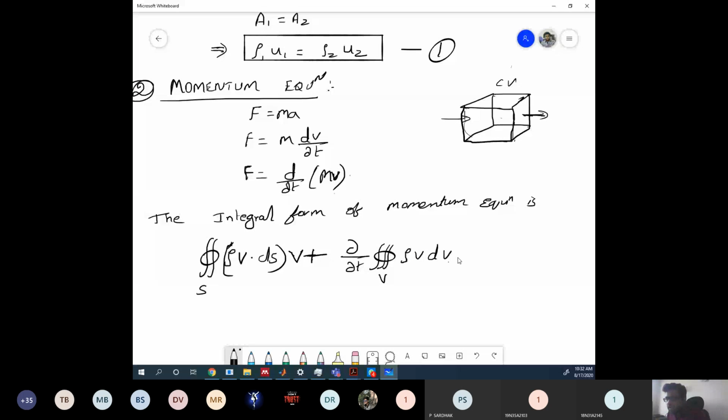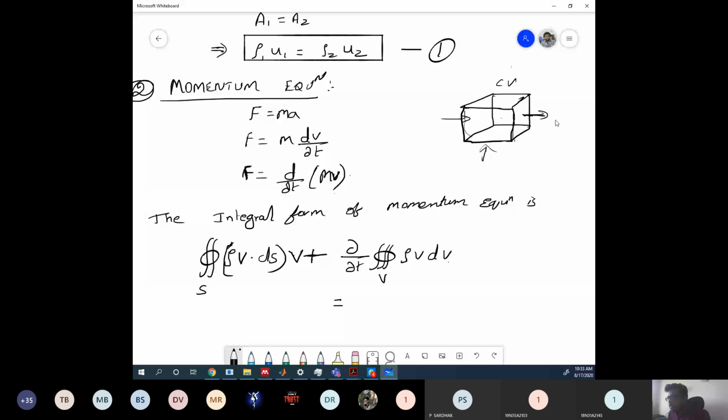Now in the other direction, here you have F, right? Obviously there are multiple types of forces acting. One will be the body force and the other one will be pressure force, right? Because of pressure, you will be seeing some force acting on this fluid element, because in all directions you will have force, right?